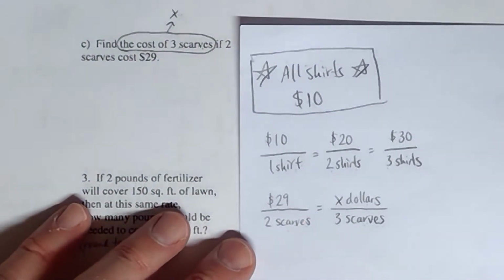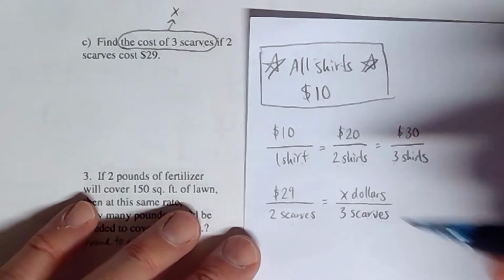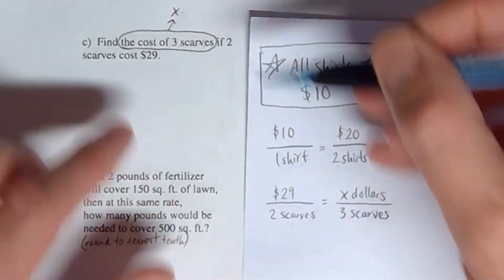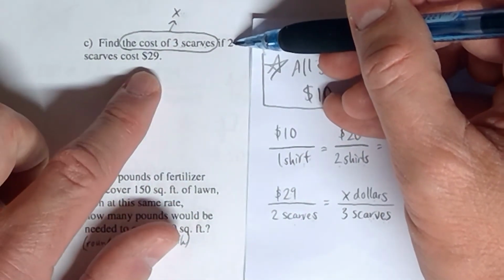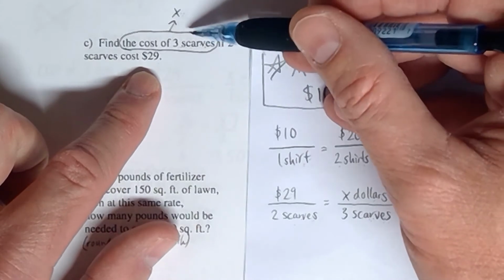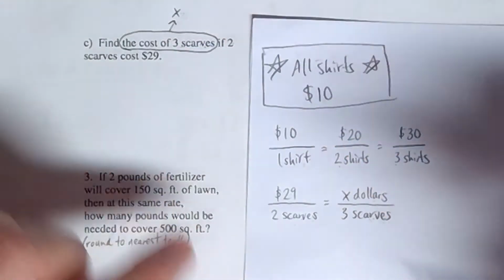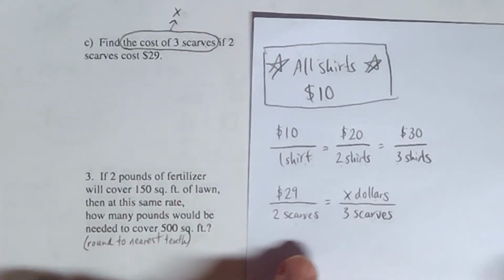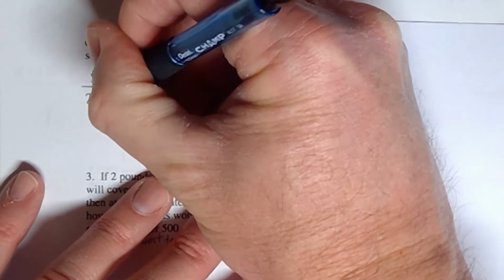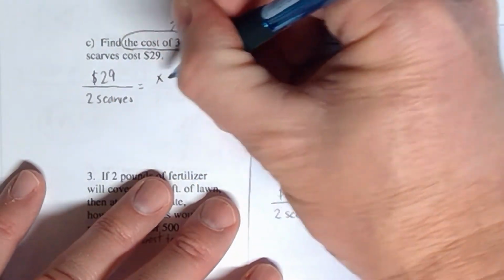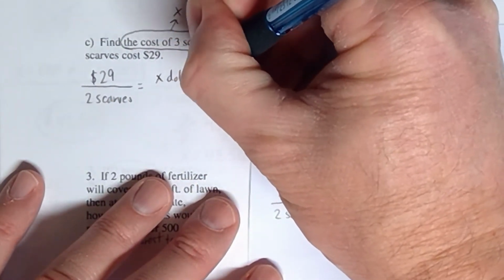But make sure that the 29 goes with the 2, and the X goes with the 3, because the X is the cost of the 3. So this is our fraction right here, you guys. Let's transfer that over to the actual paper here.